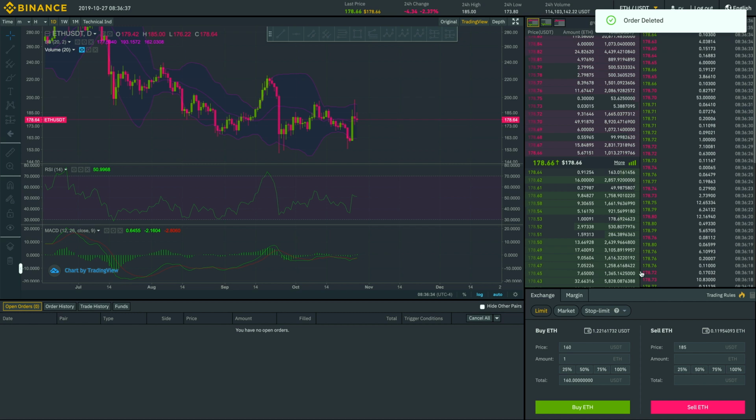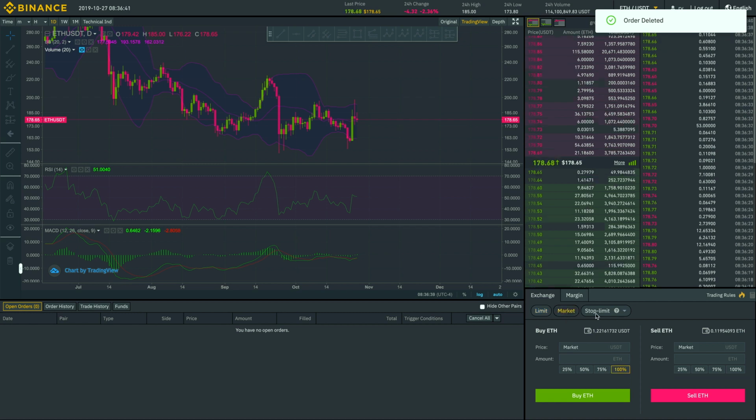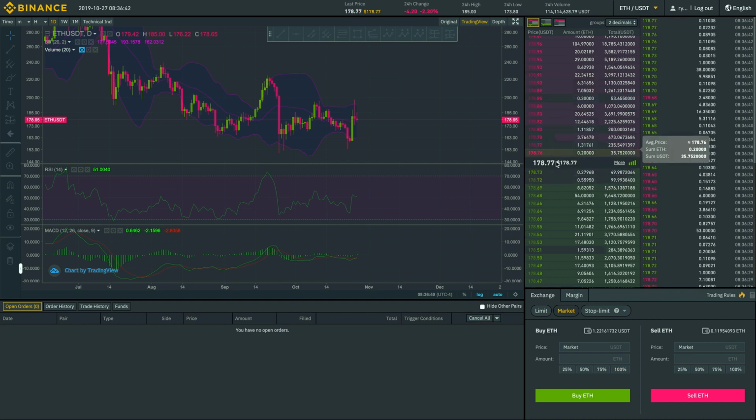So order deleted. What market value means is that you are going to buy using whatever amount that you have. So for example, I want to buy with 100%, use my $1 and 22 cents to buy at the market value. That means whatever the first price is on here, assuming that they're selling enough.